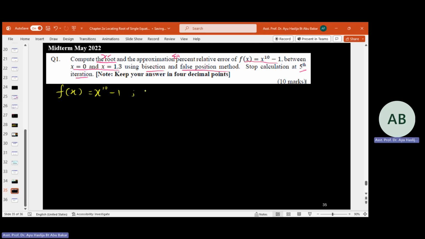Then your XL is 0, XU is 1.3. Stop at the 5th iteration.